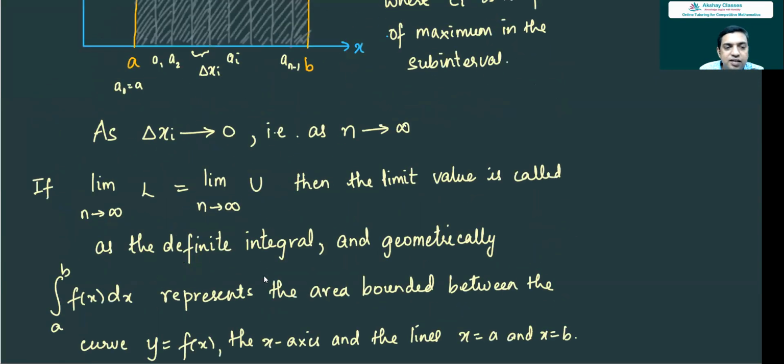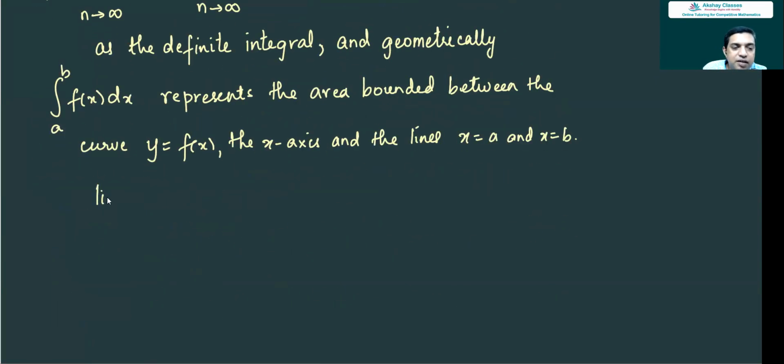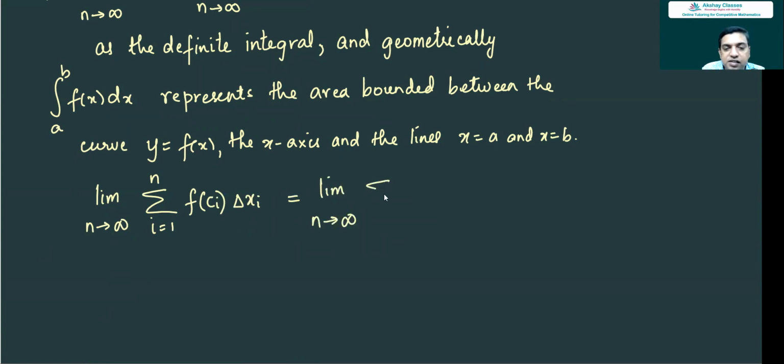So what's happening is this: limit n tends to infinity, sigma i equal to 1 to n, f of ci, where c is any point in the subinterval, point of minimum, times delta xi, and limit n tends to infinity, sigma i equal to 1 to n, f of ci bar delta xi.